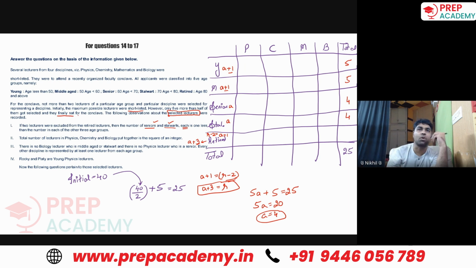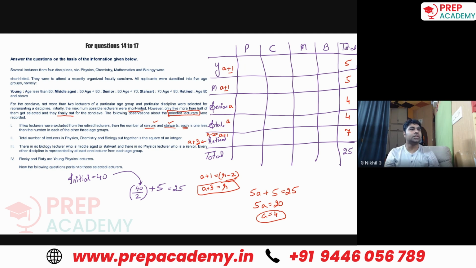Every information now onward would be for them only. Is it clear? Yes, sir. So these values would be A plus 1, 5, A plus 3, 7. Is it clear now?